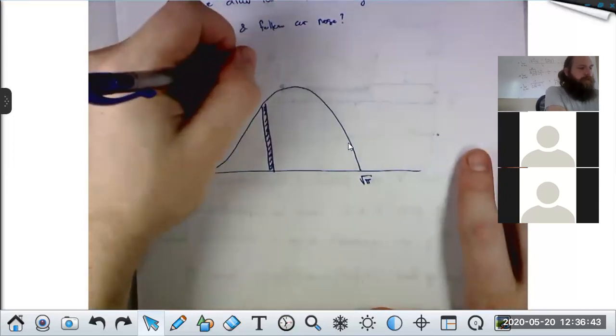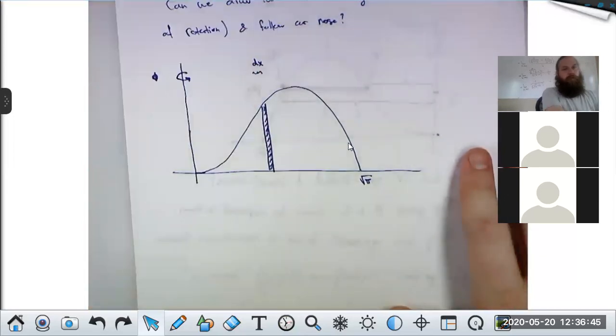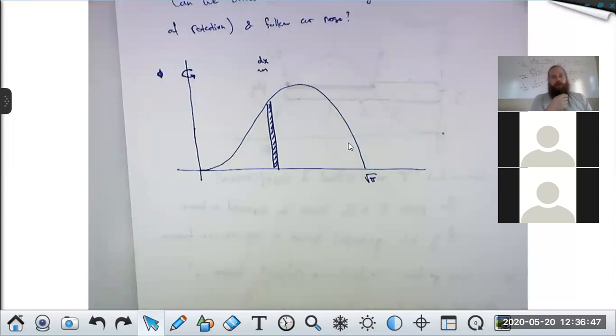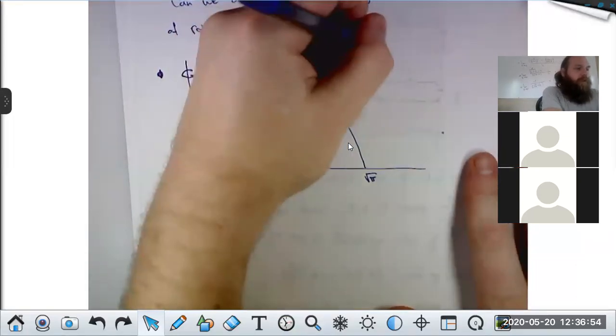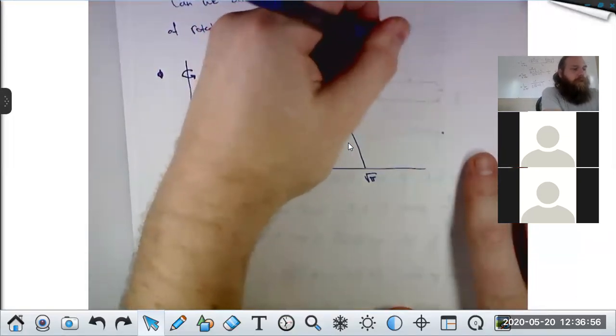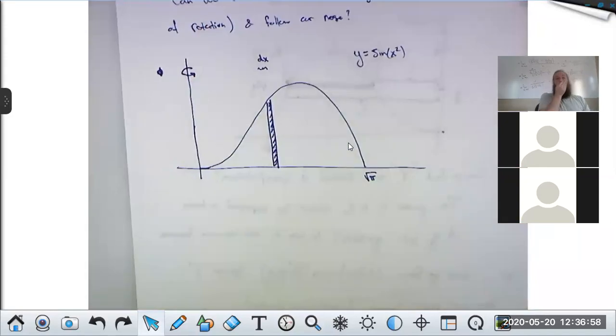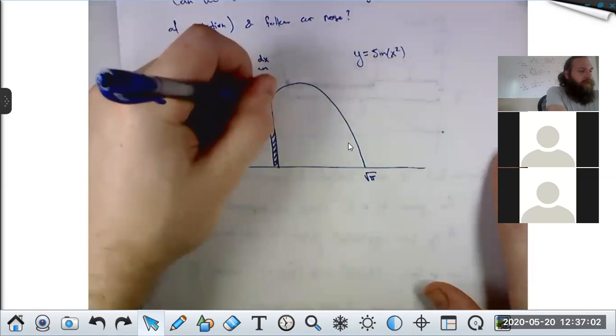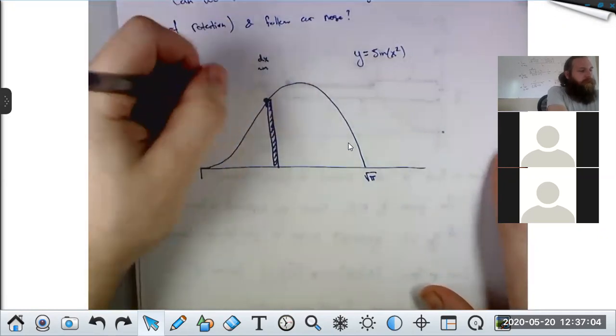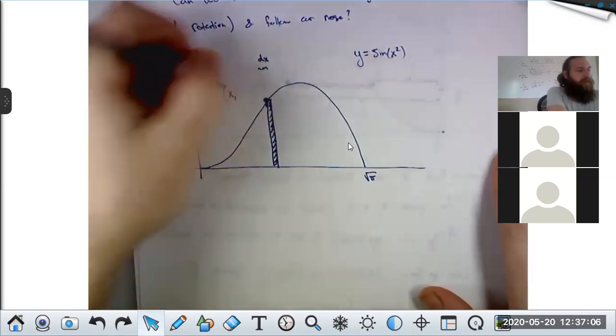Now the strip's thickness is a dx thickness, which saves me from having to find an inverse for this function, which I know doesn't exist. Here, y is still the sine of x squared. So this point I can characterize conveniently in terms of my important variable, which is x. This is x comma sine of x squared.